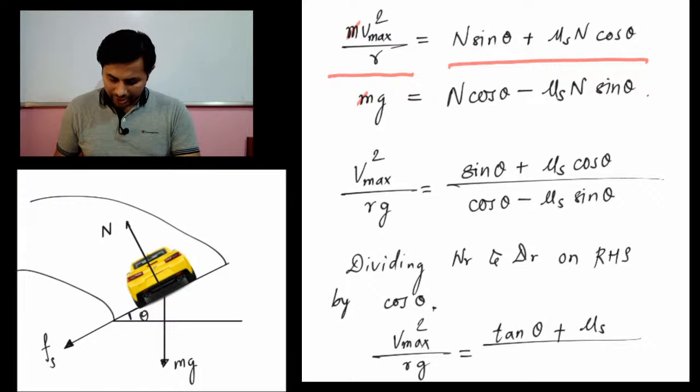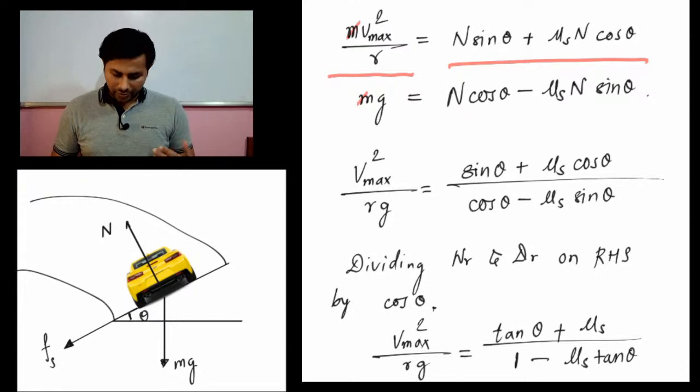And in the denominator we have cos theta upon cos theta, so that's 1, minus mu s multiplied by sin theta over cos theta, which is tan theta, so mu s tan theta.